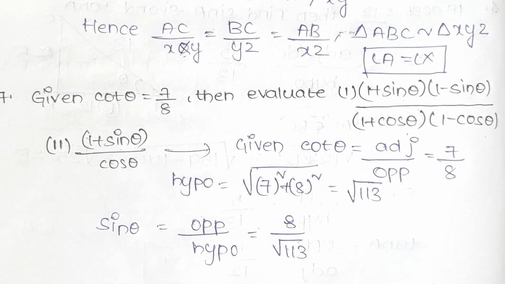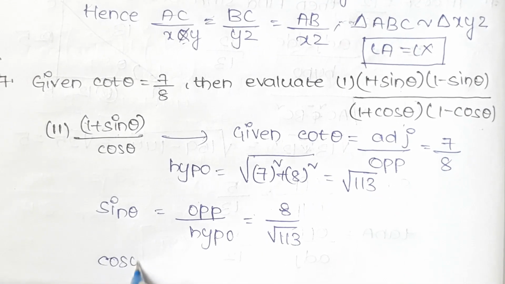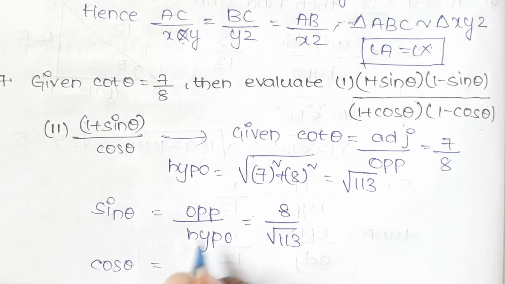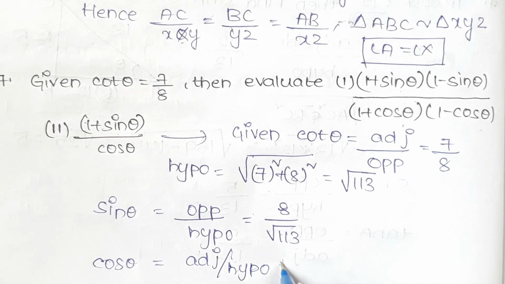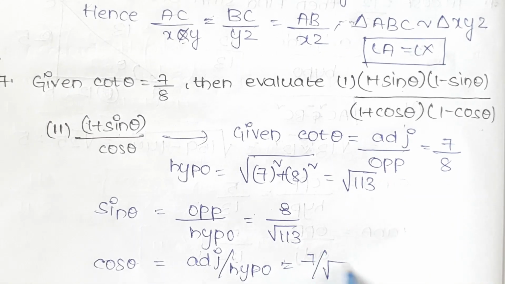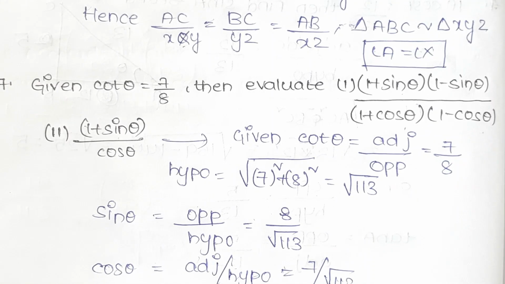And similarly, cos theta value is adjacent side by hypotenuse, that is 7 by root 113. And now we found the sin and cos values.